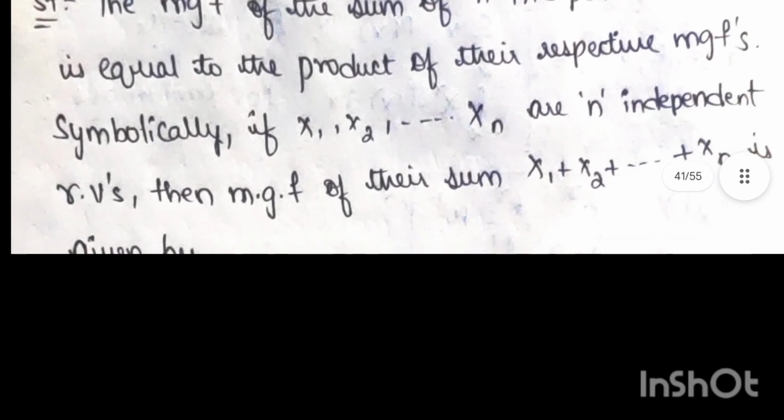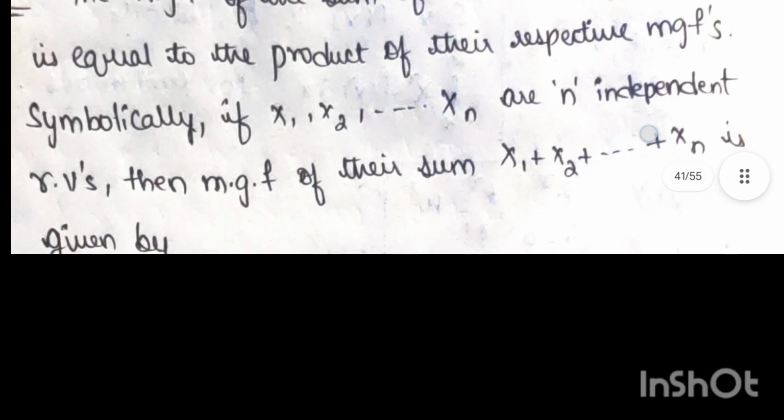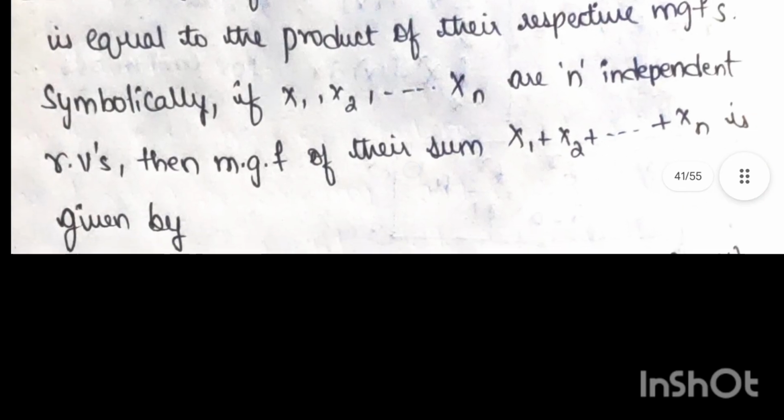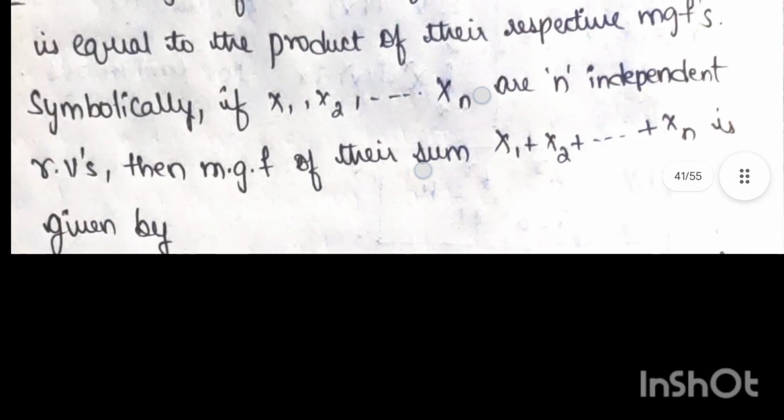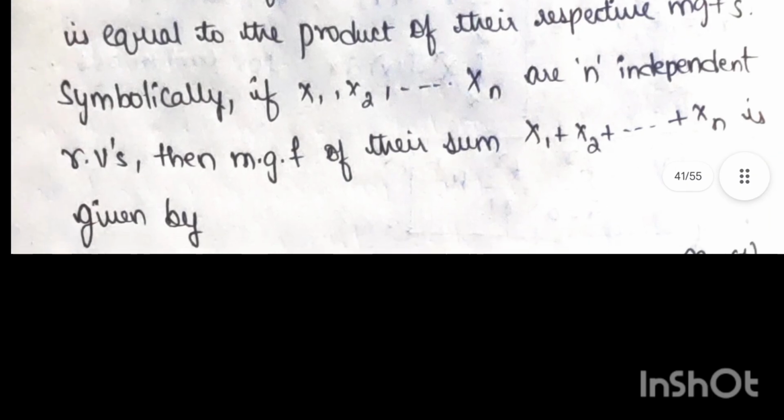Next, the additive property of the moment generating function. The MGF of the sum of n independent random variables is equal to the product of their respective MGFs.